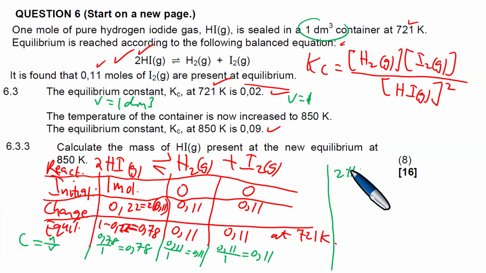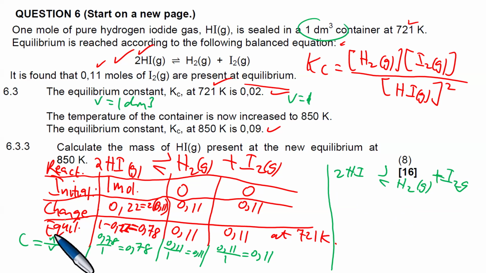2 hydrogen iodide gas, iodine. Okay, let's look. There are going to be concentrations.